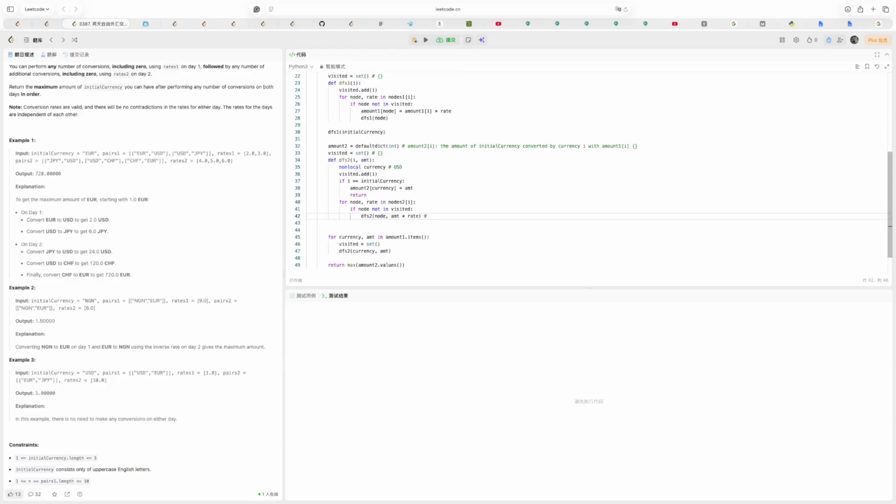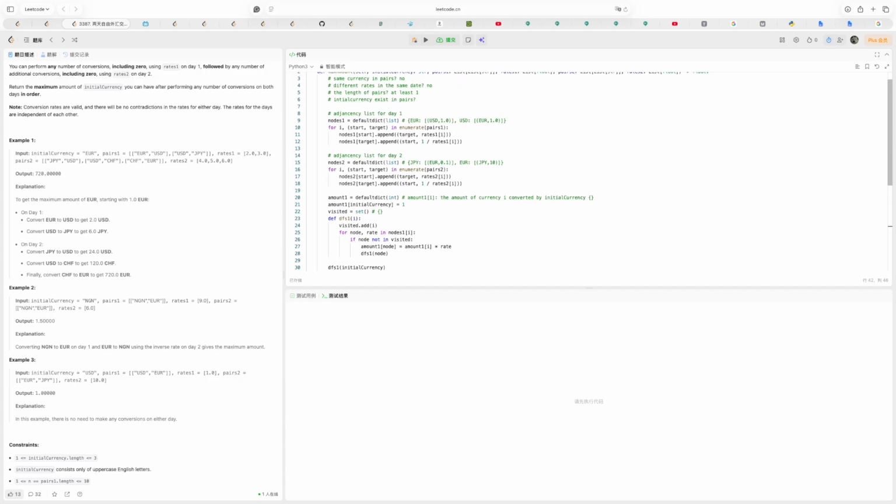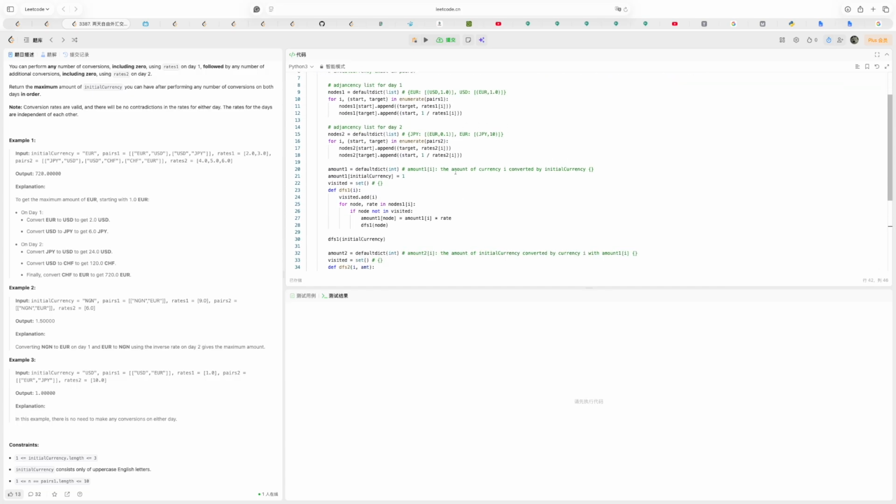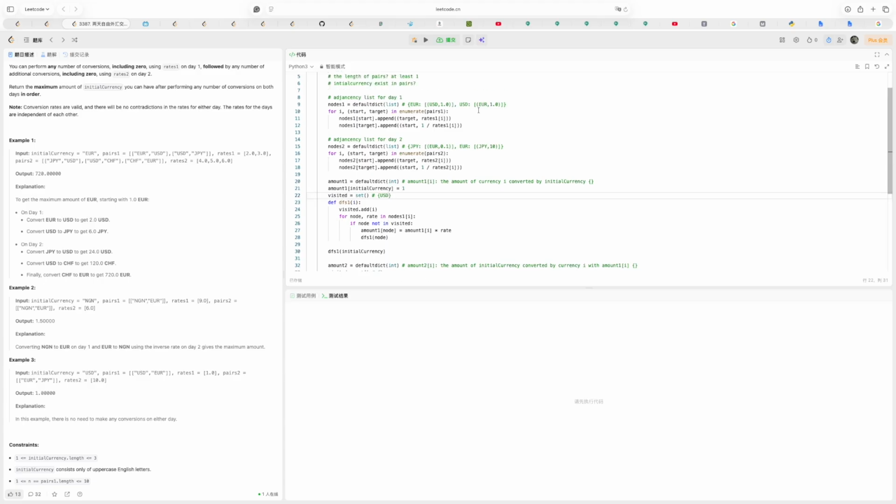So we will start with day 1. We'll start from the initial currency, which is USD, so USD will be added to the visited set. For USD, we have euros.